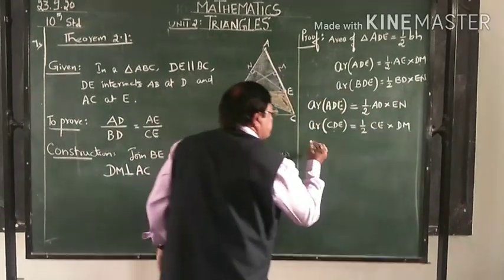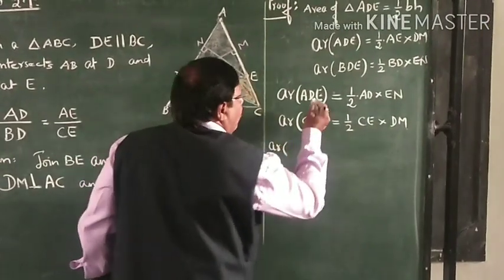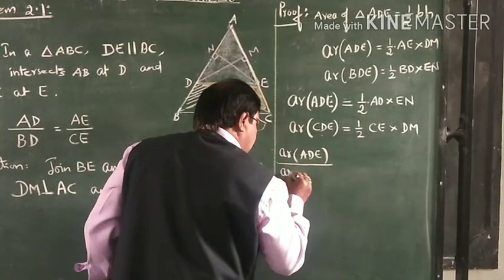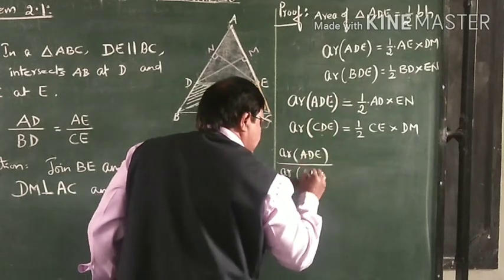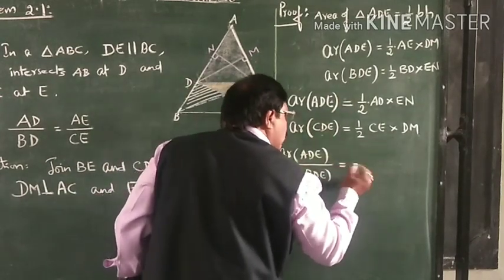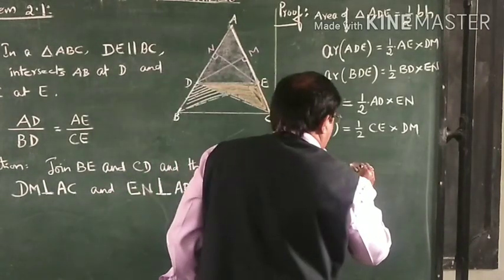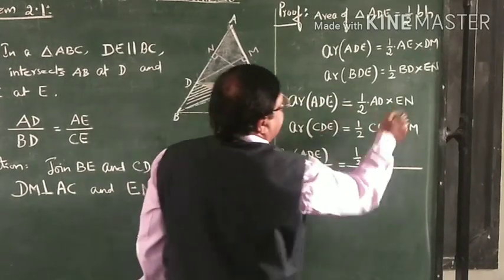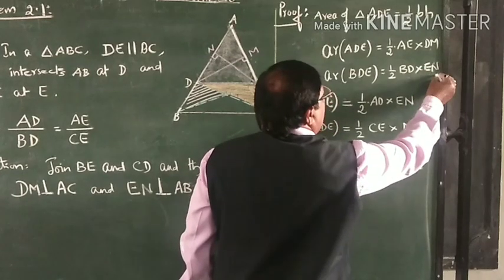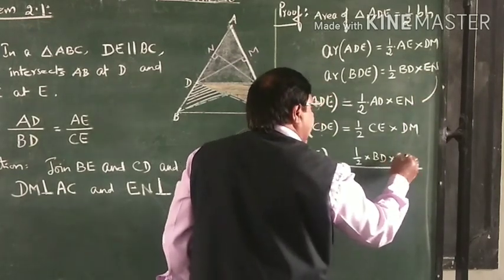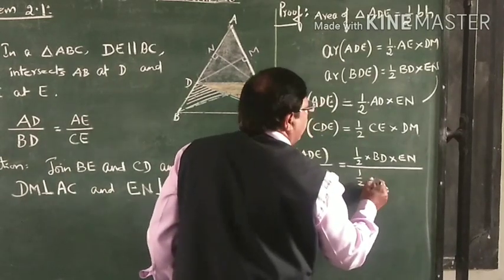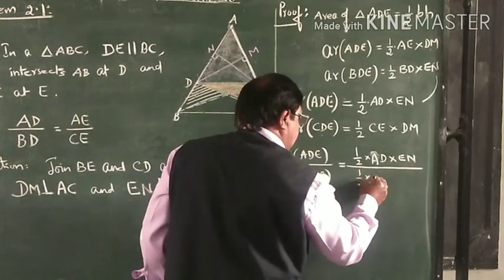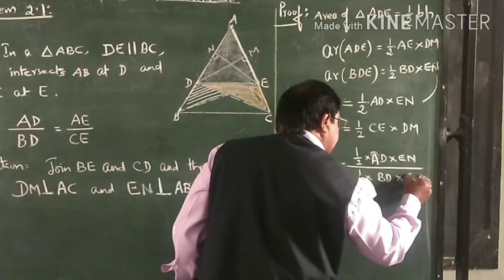I can write like this: area of ADE divided by area of BDE is equal to half into AD into EN over half into BD into EN.